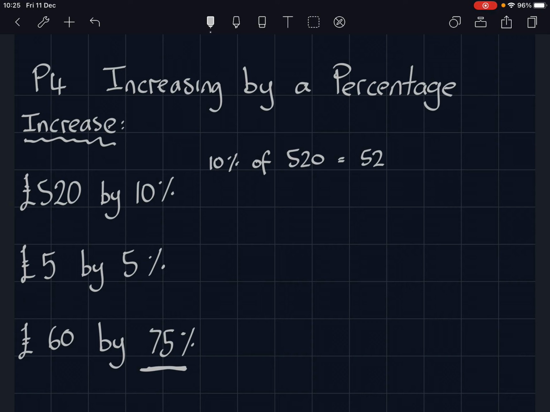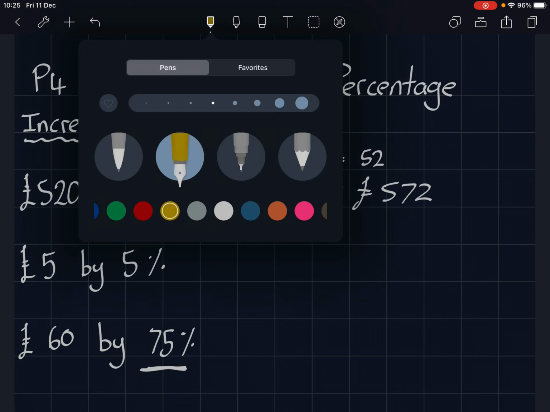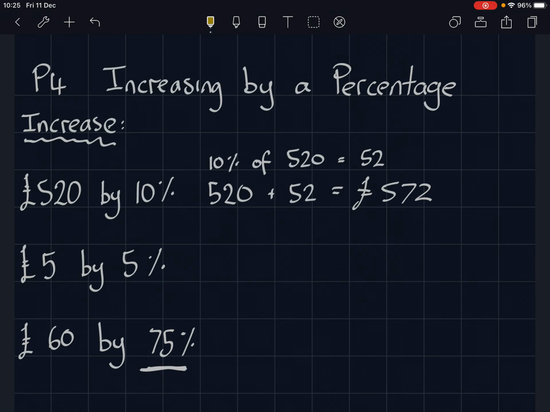We need to then add that on to our original amount to find the new total. So 52, that would be £572.